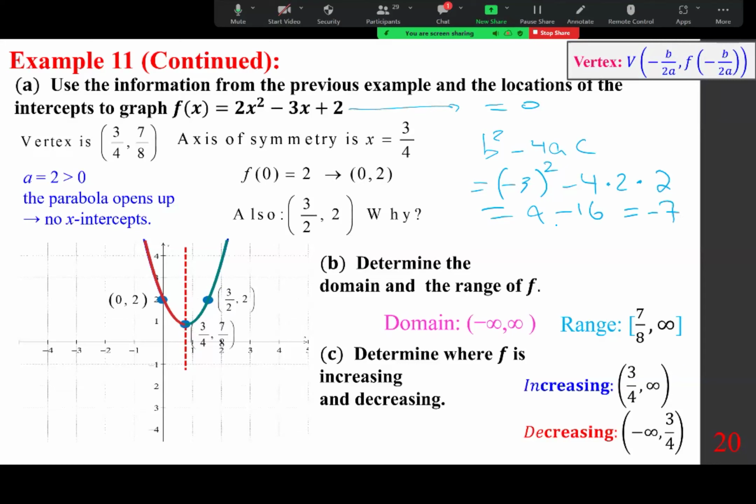Because b squared minus 4ac is negative, there are no real solutions. No real roots, no x-intercepts, okay?